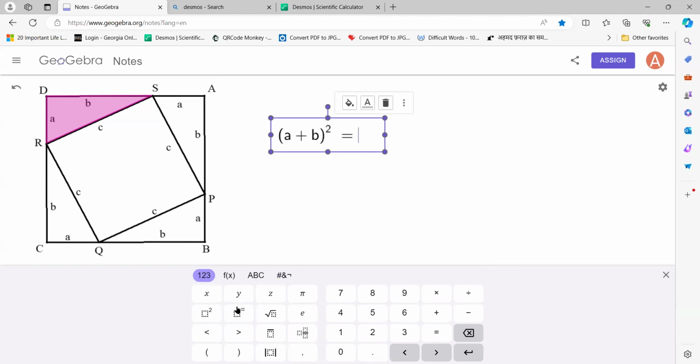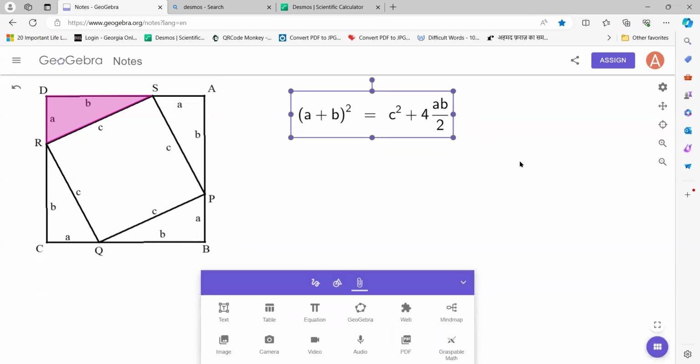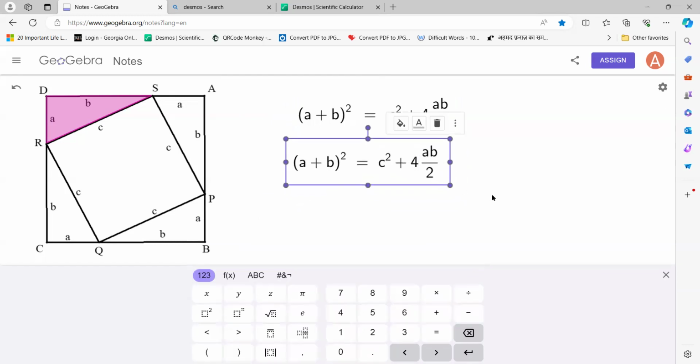And what's the area of the little square? C squared. And what's the area of each right triangle? It's going to be AB over 2, but I'm going to multiply it by 4. As before, I can cancel 4 by 2 and get 2AB.